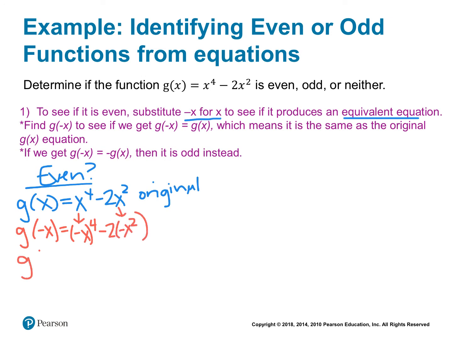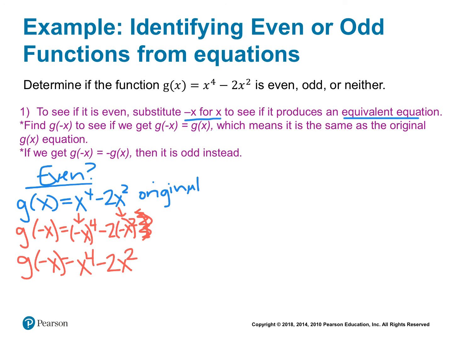So I'm going to get g of negative x equals, if I have an even power, it's going to end up turning to a positive. And, sorry, these parentheses should be here. Then I have a negative 2 times negative x squared, which would be negative x times negative x, which is positive x squared.